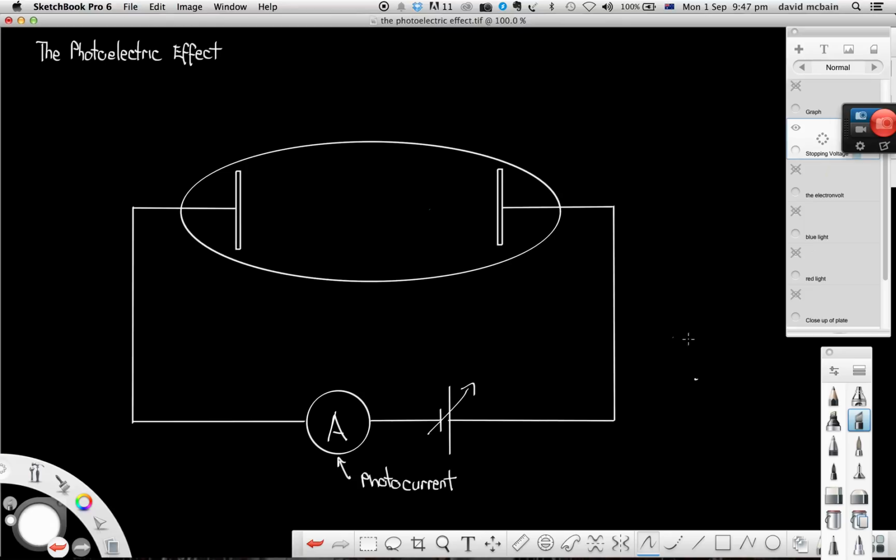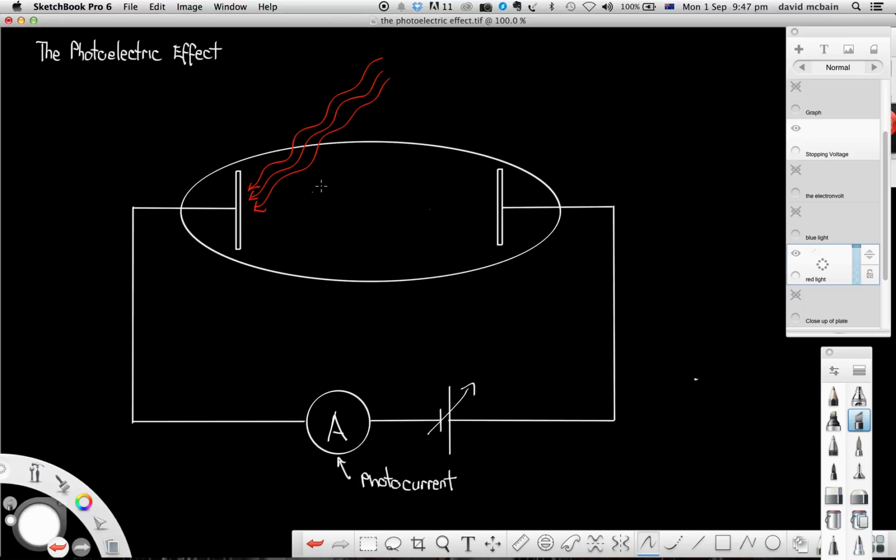Okay, so basically the photoelectric effect is a relatively simple idea, or maybe deceptively simple. And the idea is simply that we have some incident light coming in, in this case red light, and it's striking this metal plate.